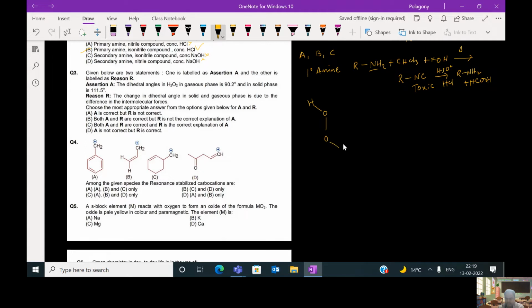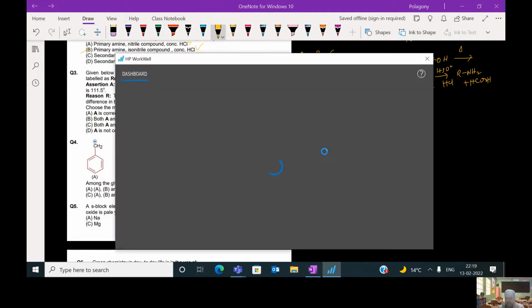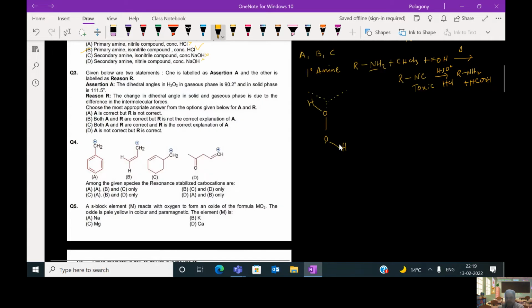Hydrogen peroxide has an open book shape.